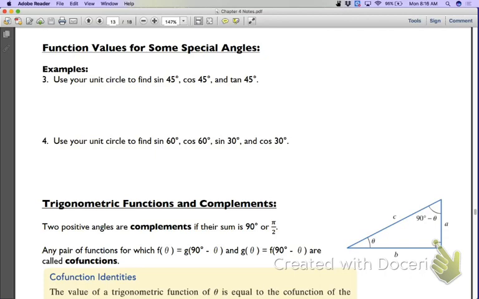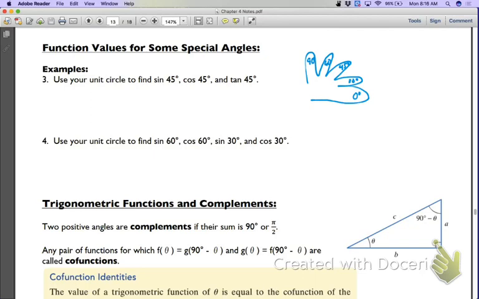So remember the cheat sheet that we have with the fingers here. We have 0 degrees, 30 degrees, 45 degrees, 60, and 90.